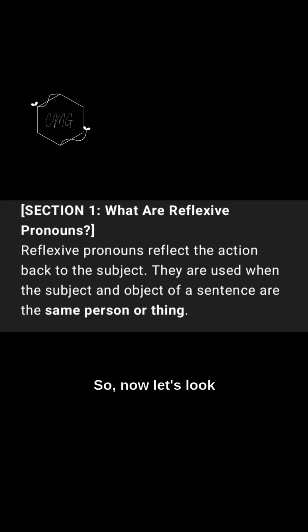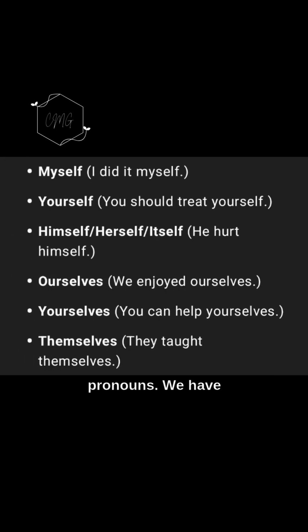So now, let's look at the examples of the various reflexive pronouns. We have myself, very easy, myself, yourself, himself, herself, itself, ourselves, yourselves, themselves, right?